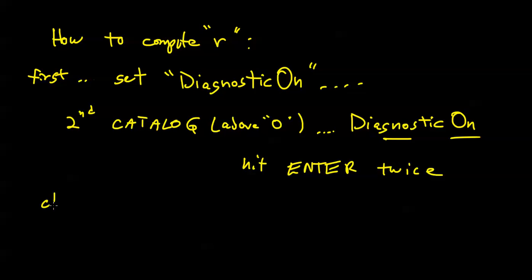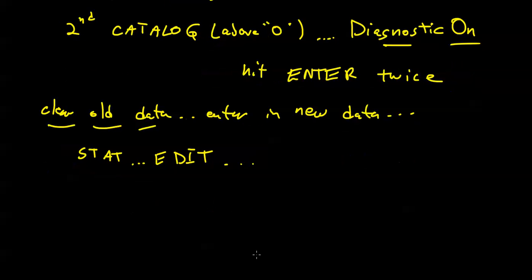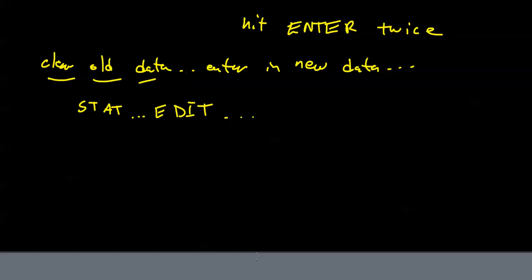Alright, now we want to clear out the old data and enter in our new pairwise data. And to clear out the old data, you may recall we hit Stat, Edit, and you'll see your data in lists, typically L1 to L6.